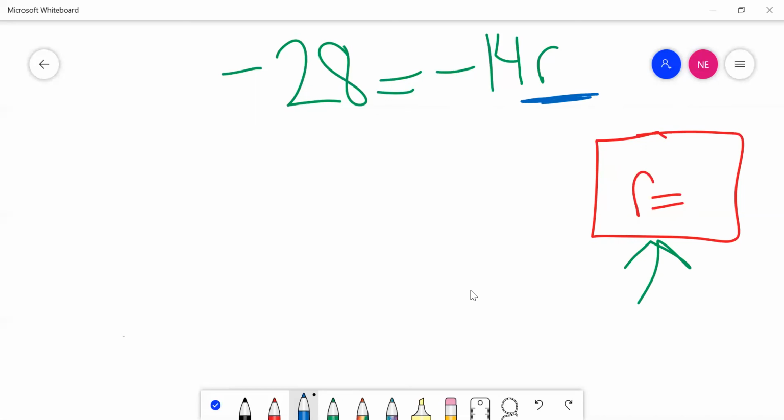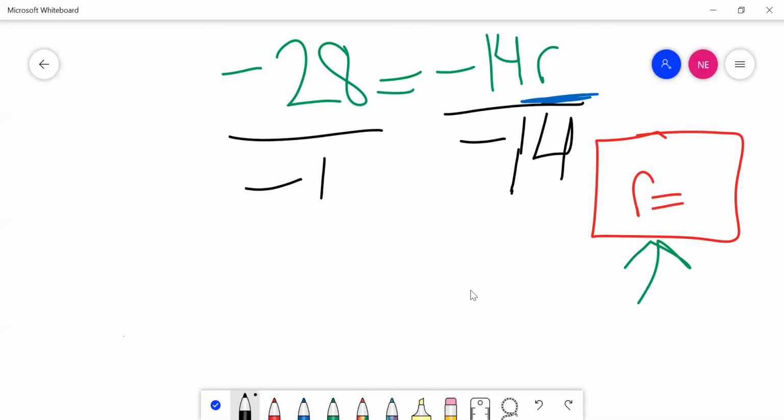And you want to get rid of the negative 14 to get r by itself. Again, to get a variable by itself, I would divide by negative 14 on both sides.